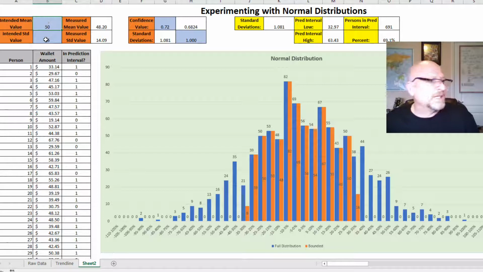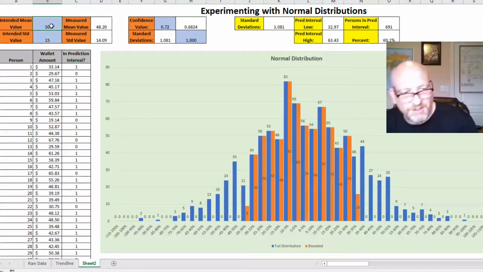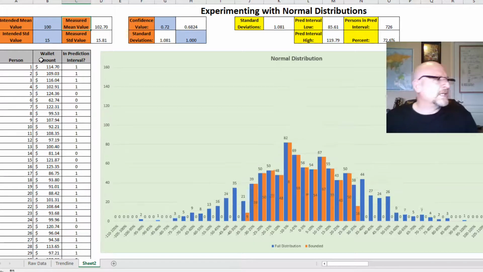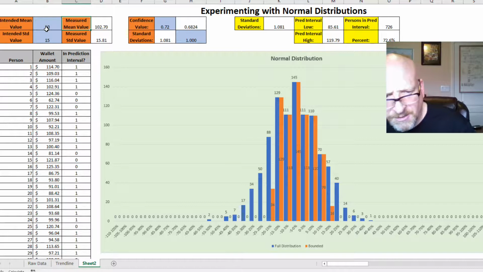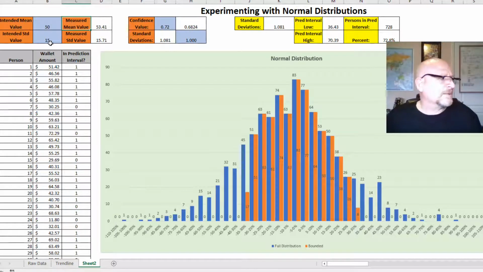So I'm setting it to 50, standard deviation is 15, and if you want I could put it to something else like 100 and hit F9, and it recalculates everything and creates a normal distribution where the mean is 100 and the standard deviation is 15. But for our example, let's keep it at 50, and let me hit F9 and it recalculates it.